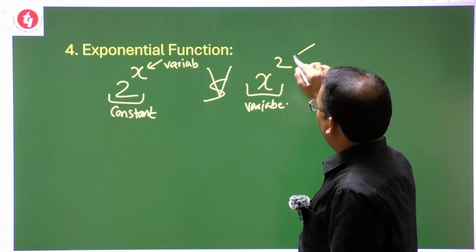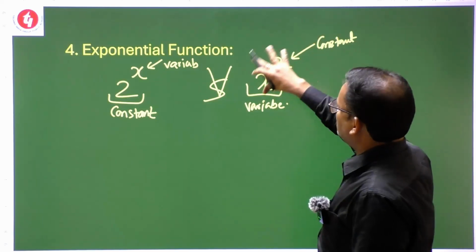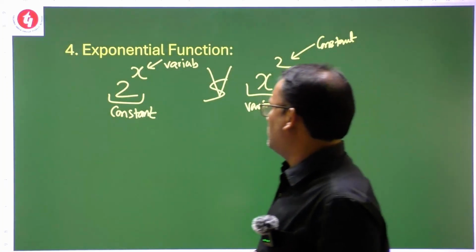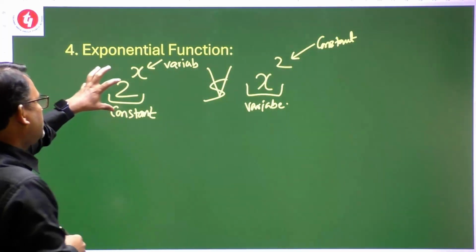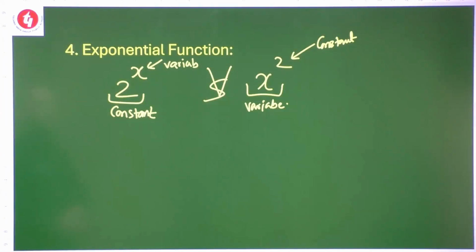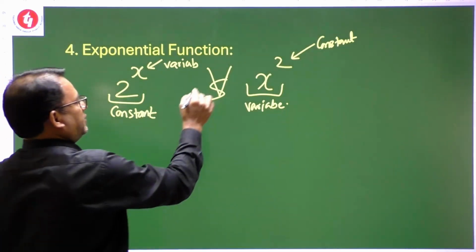In x power 2, the base is the variable and the exponent is constant, so that is an algebraic function, a polynomial. So 2 to the power x is an exponential function: constant to the power variable.